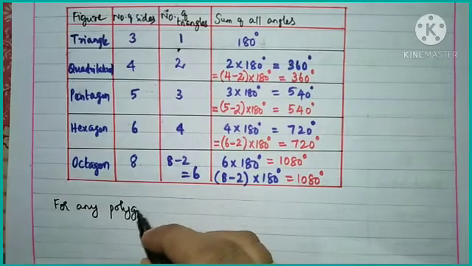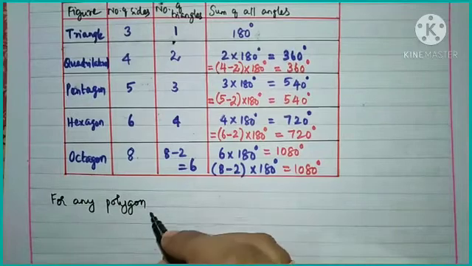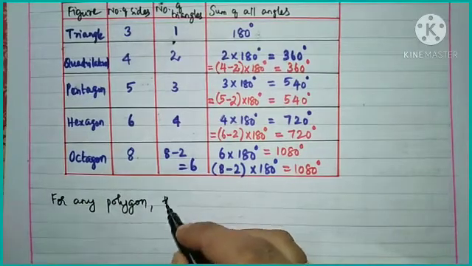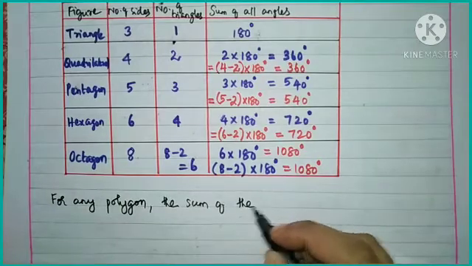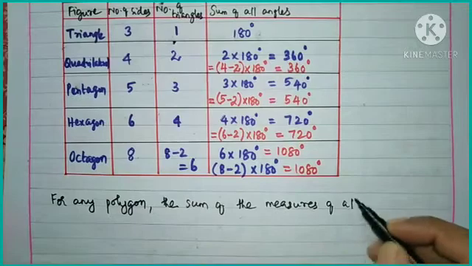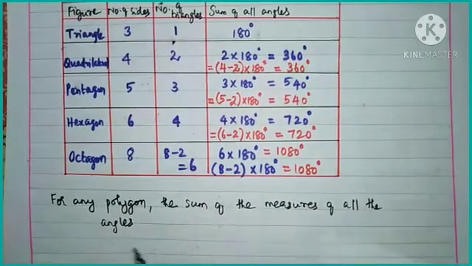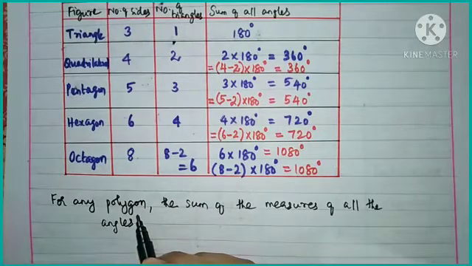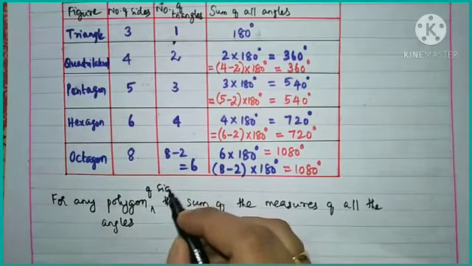What is a polygon? A closed figure. So for any polygon, the sum of the measures of all the angles, we can write for any polygon of n sides.